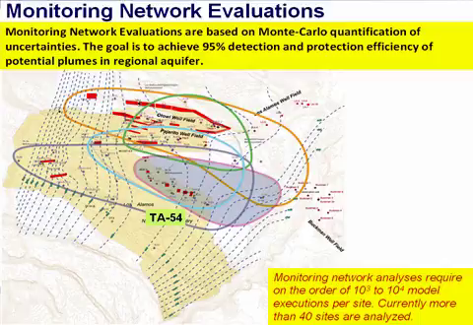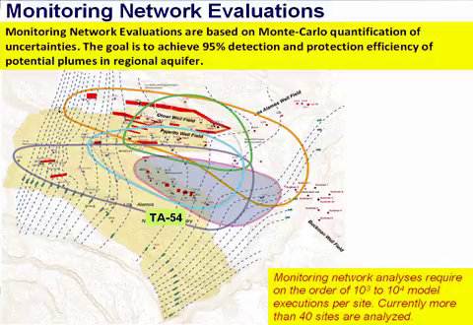We use particle tracking techniques. We release these dummy contaminants in the regional aquifer, and the goal is to optimize our monitoring network so that we have sufficient detection and protection efficiency.